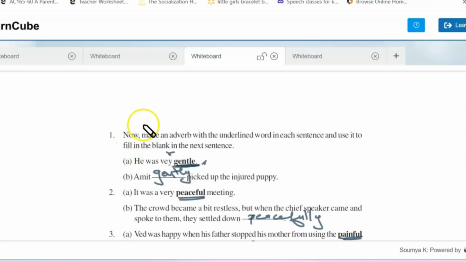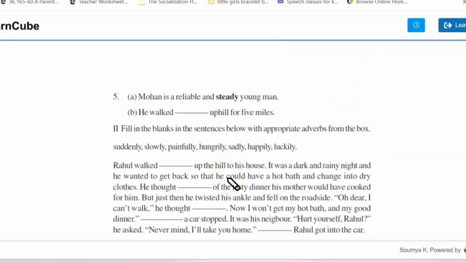So this is how we have to use the adverb, and these are the adverbs that are mostly used. Next word is steady. He walked steadily uphill for 5 minutes.